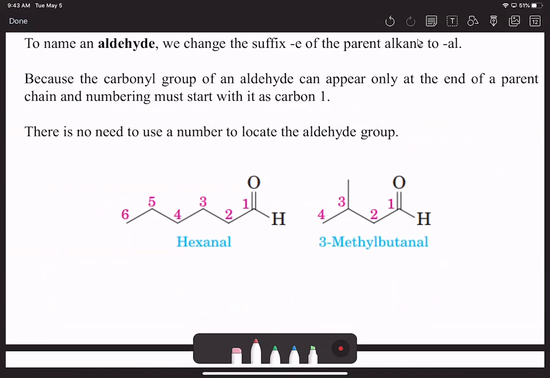Different rules for ketones, but as far as aldehydes go, wherever they see that carbonyl, that's going to be carbon number 1. So here we have 6 carbons. So instead of hexane, well, we drop the E and we replace it with AL. So we have hexanal.